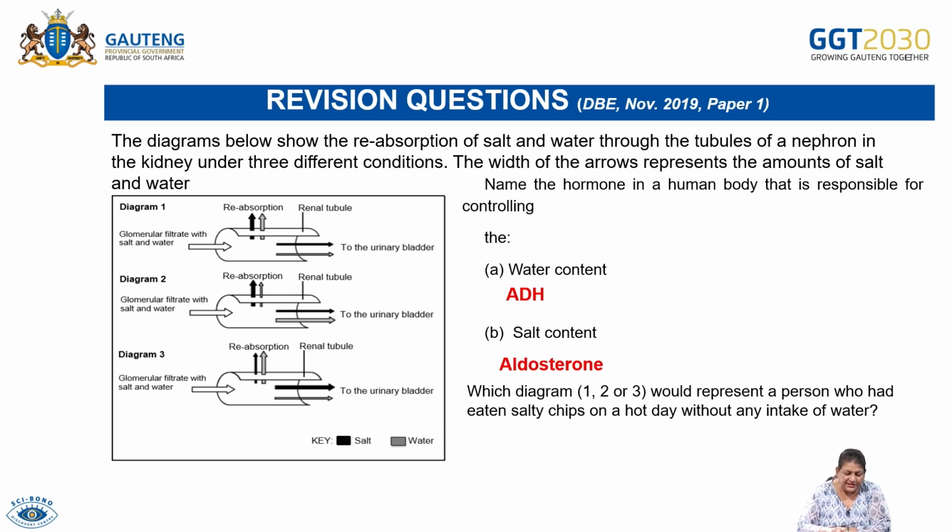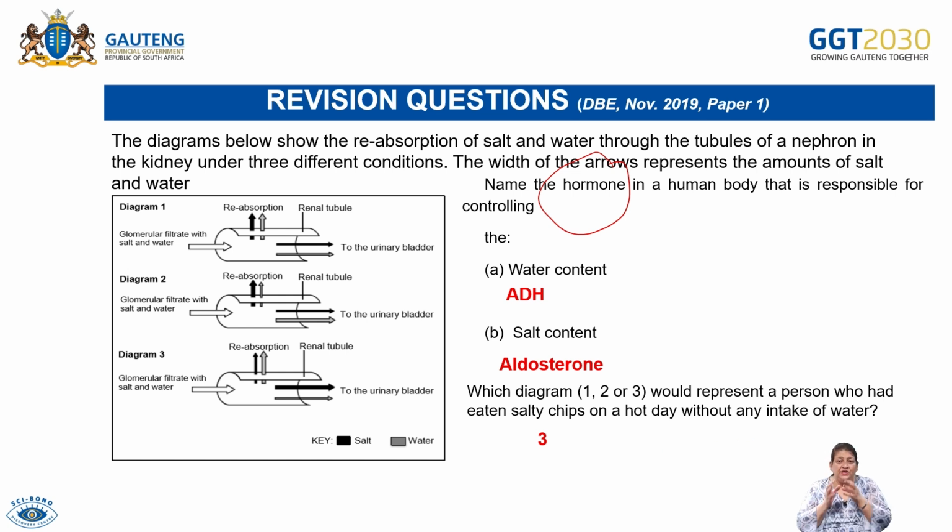And then, what is the name of the hormone in the human body that is responsible for controlling the salt balance in the blood? Now, if you have too much salt, what's the hormone? It's called aldosterone. And which diagram, 1, 2, or 3, would represent a person who had eaten salty chips on a hot day without any intake of water?